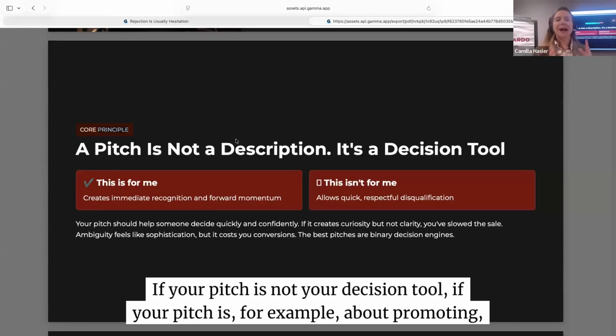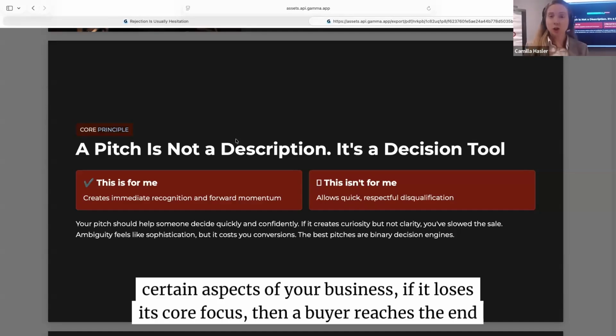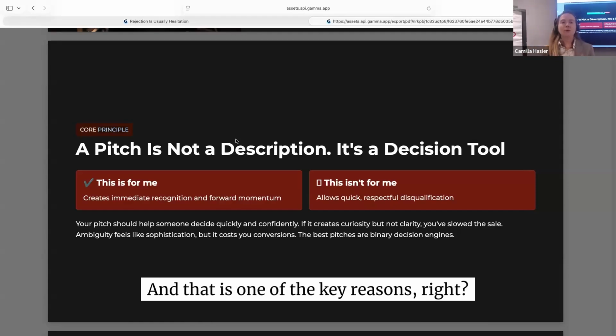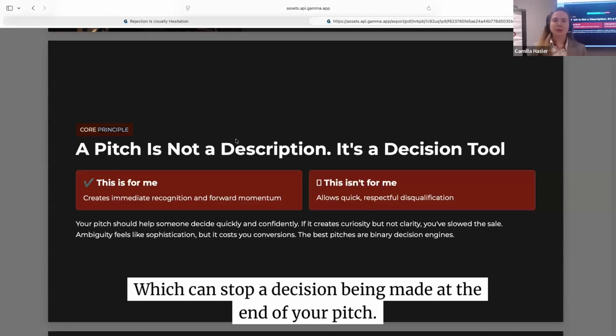If your pitch is not your decision tool, if it is, for example, about promoting certain aspects of your business, if it loses its core focus, then a buyer reaches the end and they're not able to take a decision. They feel like they're lacking information, lacking clarity, and that is one of the key reasons which can stop a decision being made at the end of your pitch.